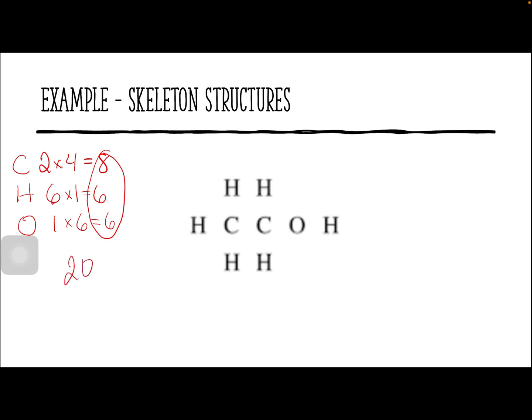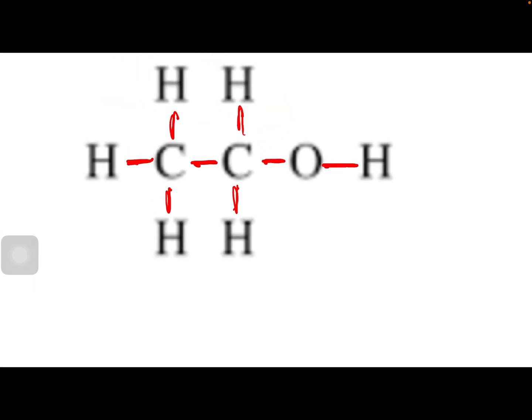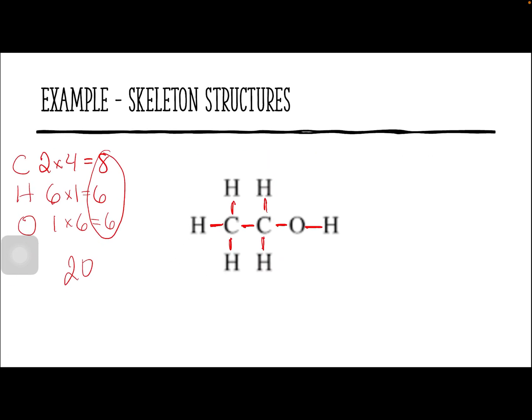So I'm just going to start by connecting all of these atoms to one another using single bonds. Now I count, what did I just do? I have 2, 4, 6, 8, 10, 12, 14, 16 electrons drawn.